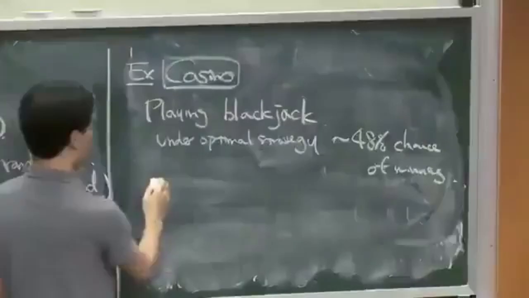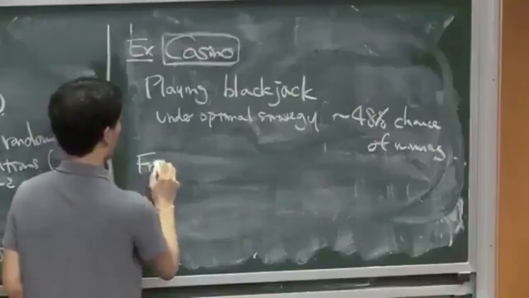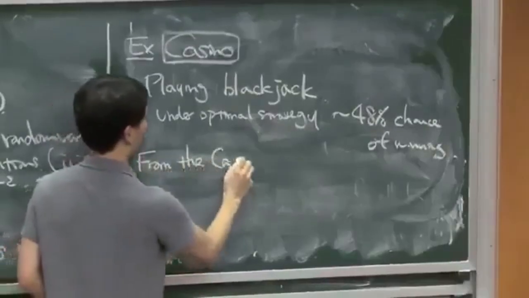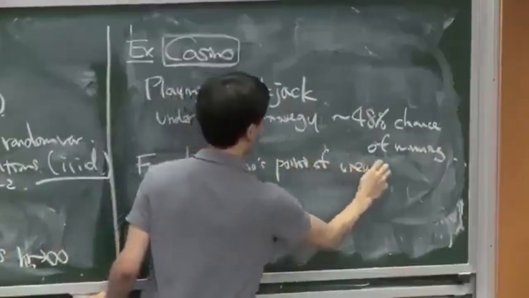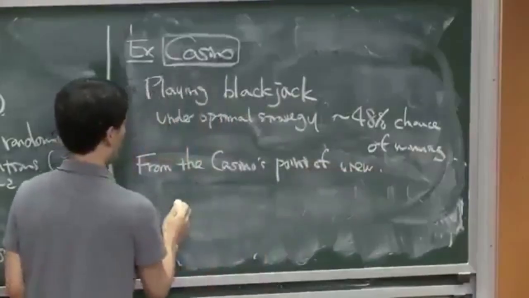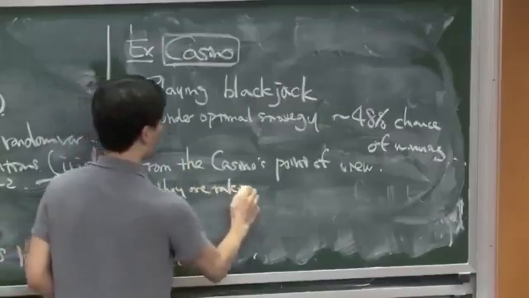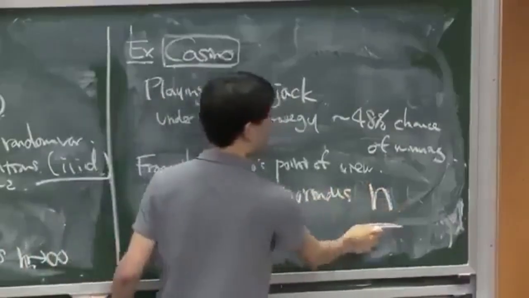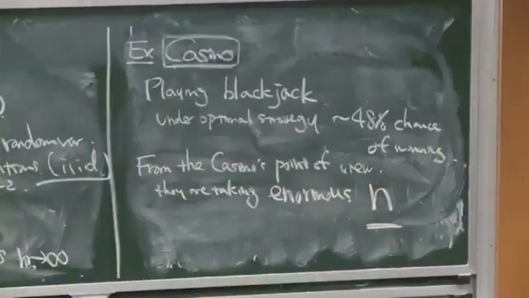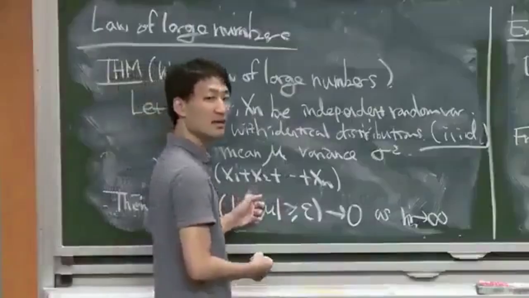So for each round, from the casino's point of view, they are taking an enormous value of N. And that means as long as they have the slightest advantage, they'll be winning money, a huge amount of money.